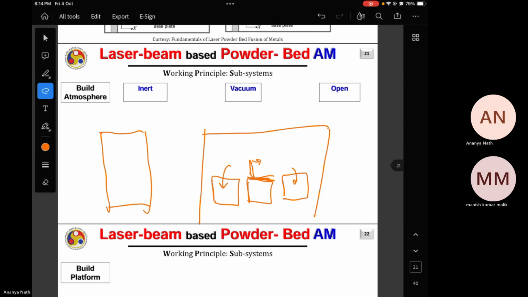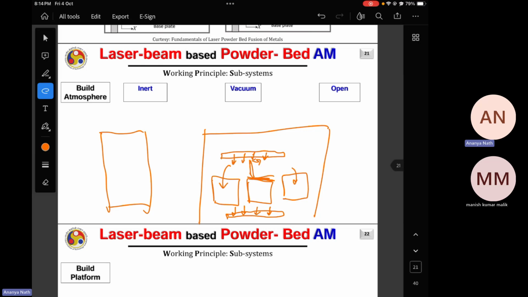So instead of that, what we do is we go for the filter system. If this is our chamber, there will be a few slots through which the argon gas comes in, and there will be a slot through which the argon gas goes outside the machine chamber. The argon gas which is coming in is pure, fresh, clean argon.